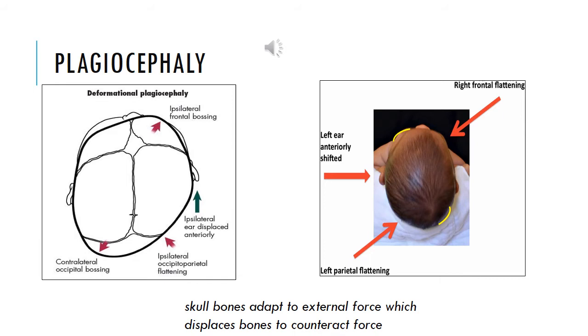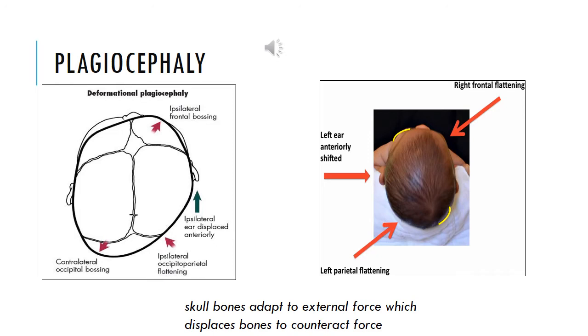On the left, we have the right occipital flattening, which then leads to the right ear being displaced anteriorly with right-sided ipsilateral frontal bossing and left-sided contralateral occipital bossing.